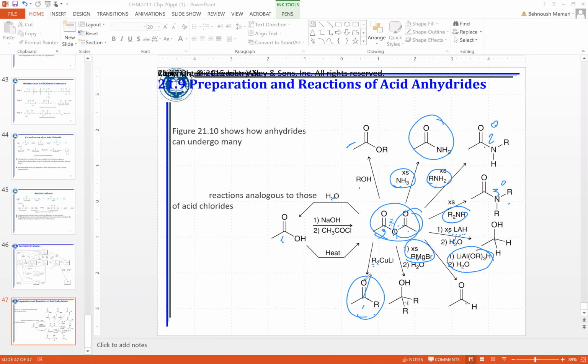To prepare acid anhydride in industry, they dehydrate acid. That's what the name says, right? Acid anhydride. You remove water from 2 molecules of carboxylic acid. Let's say you have CH3COOH and you have CH3COOH minus H2O. What is minus H2O?